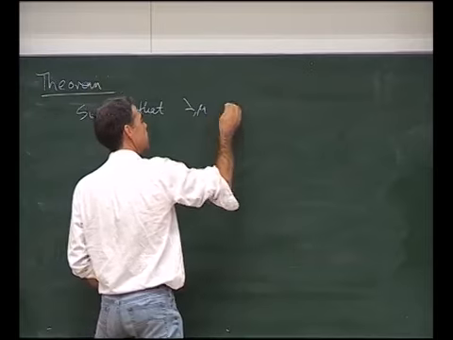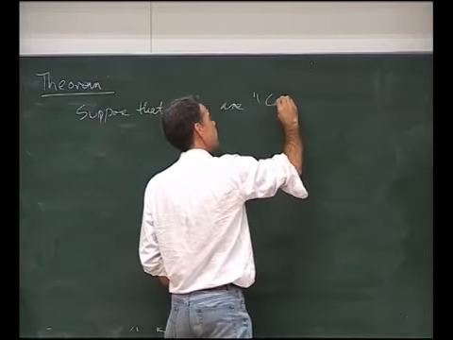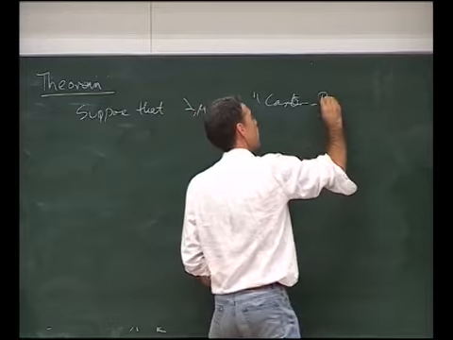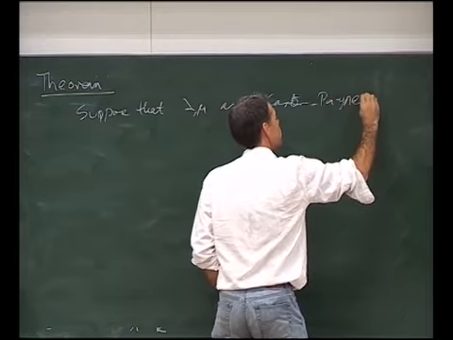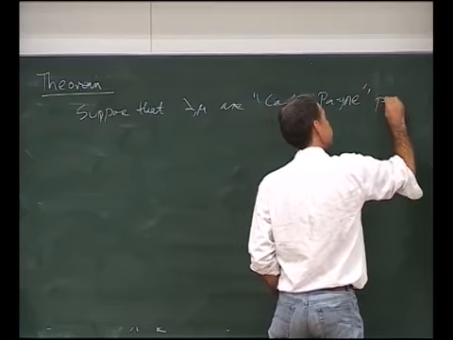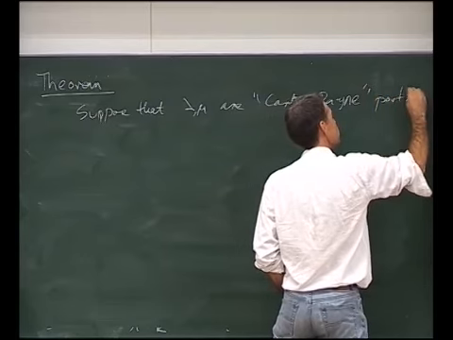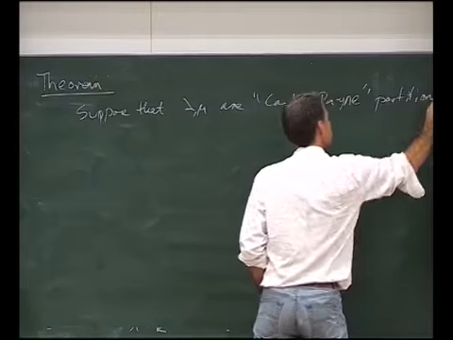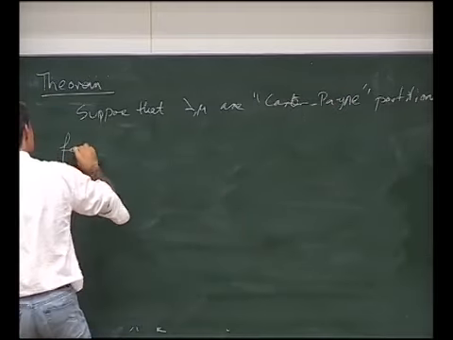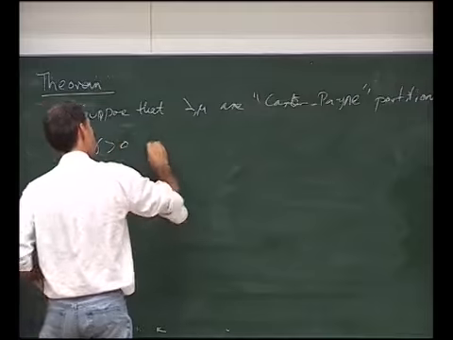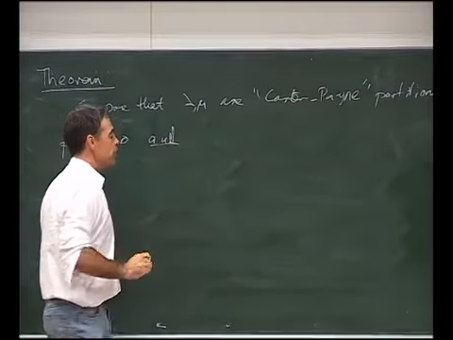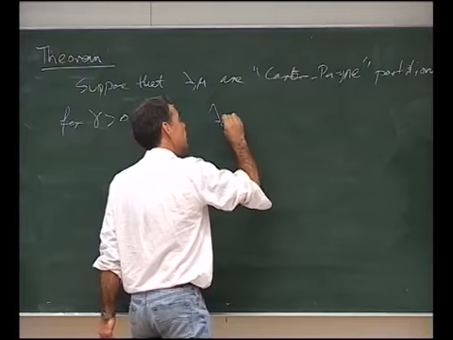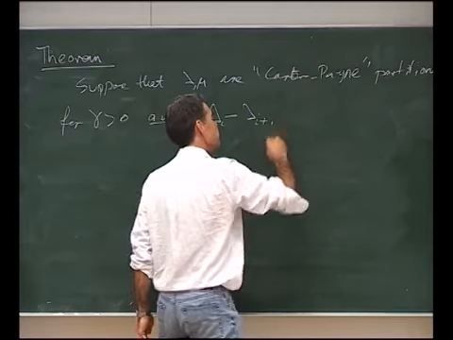So what we can actually prove is not the full Carter-Payne conjecture, if you like, but we can prove the following. So let's suppose that lambda and mu are Carter-Payne partitions for gamma.